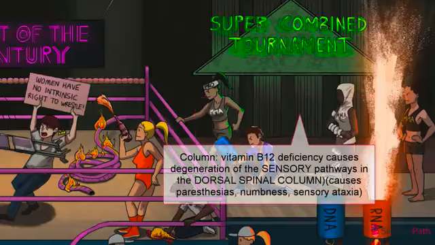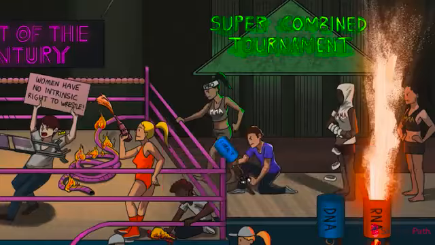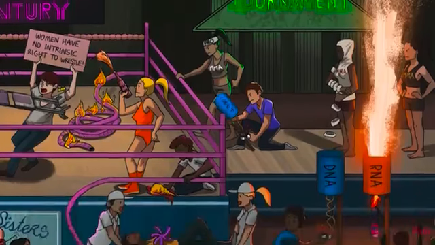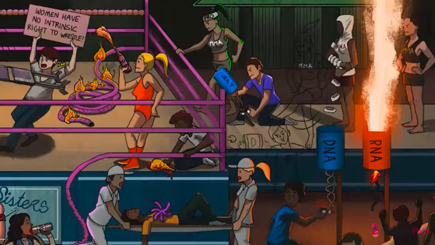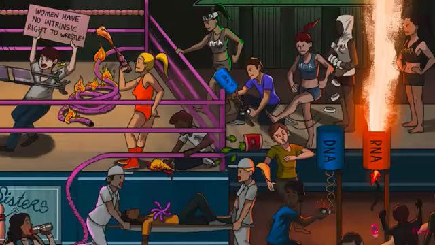Sensory symptoms include paresthesias, numbness, and a sensory ataxia, while motor symptoms can include weakness or even full-on paralysis. This is yet another distinguishing factor of B12 deficiency, though some neurological symptoms have been reported in patients with folate deficiency as well. As you can probably imagine, treating a B12 or folate deficiency involves supplementing the missing vitamin.